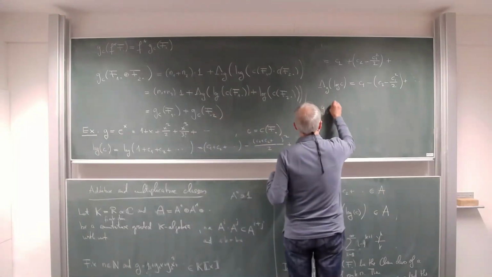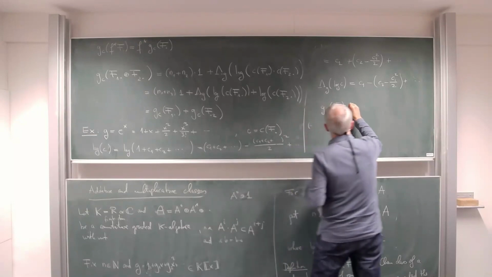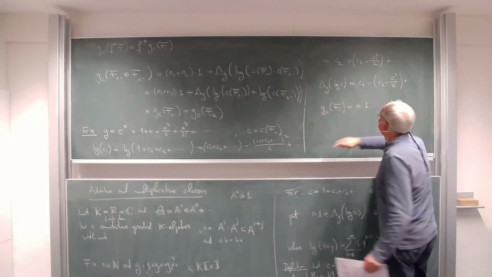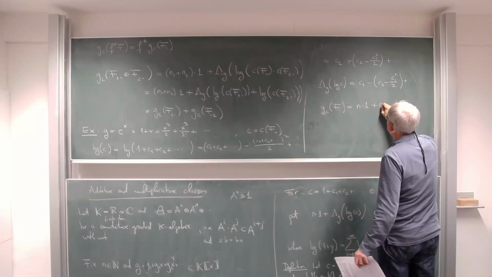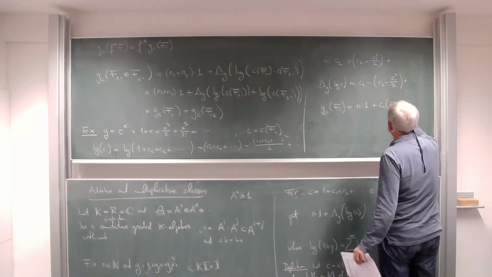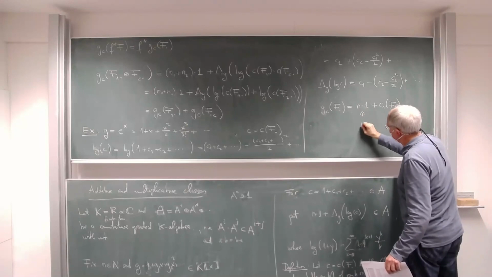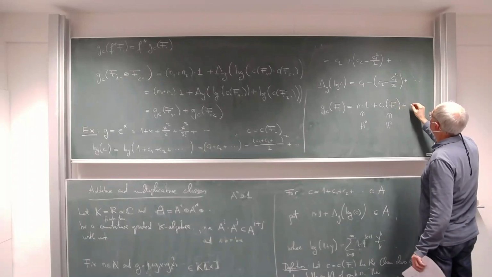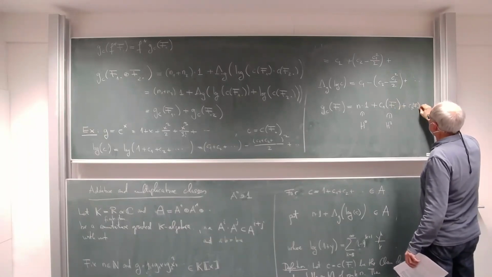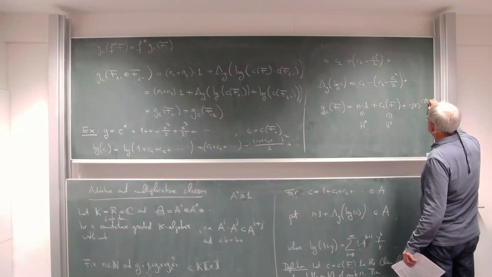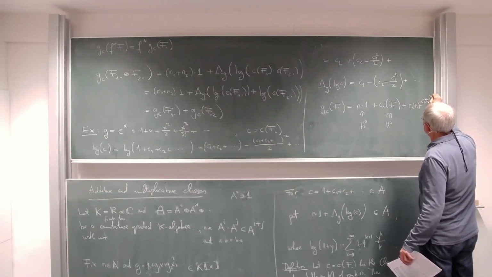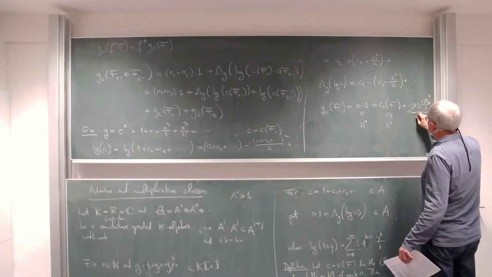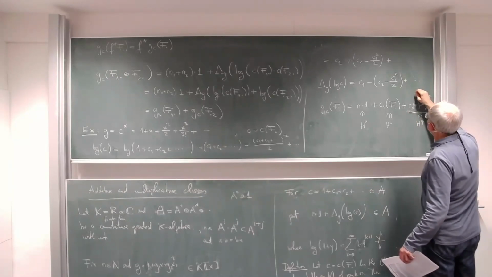So then G_C of my bundle is the rank of the bundle times 1, which might be some n. And then I have C1, the first Chern class of the bundle. So that is the H0 part. That is the H2 part. Plus, and here I have C2 of F minus C1 of F squared over 2. So that is the H4 part plus higher terms.